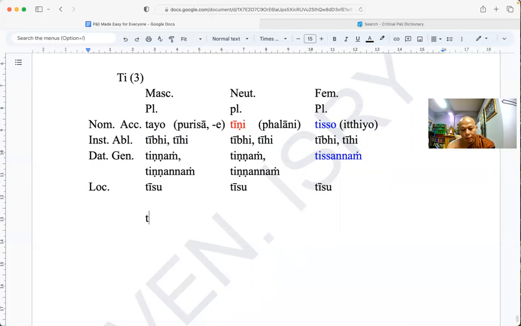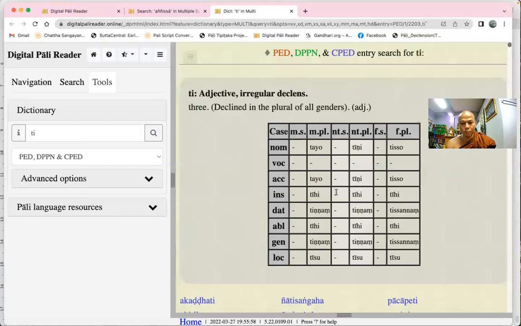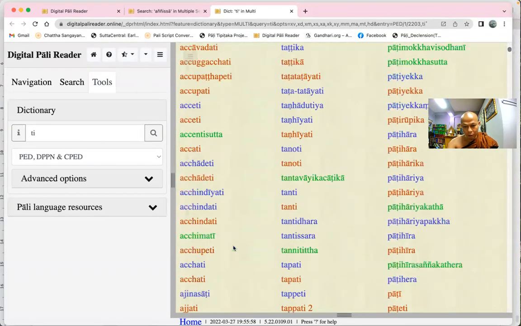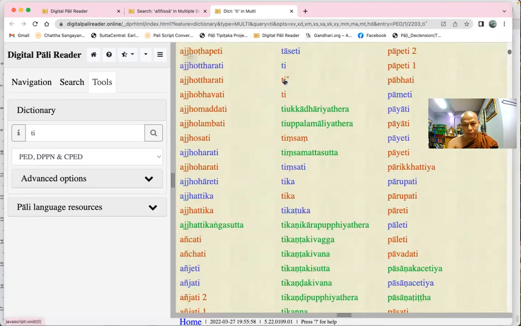So actually that is, the re. So that information is in the dictionary already, I think.